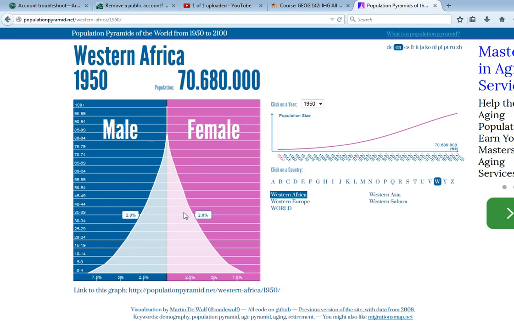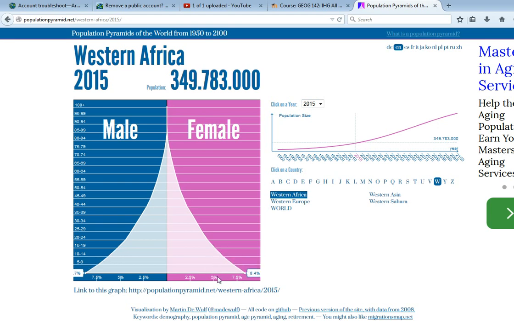Very low elder population. So the death rate and the birth rate are balancing. The population in West Africa was probably fairly stable back in 1950. If we look at it in 2015, not much change overall.